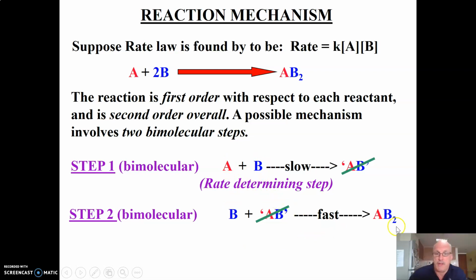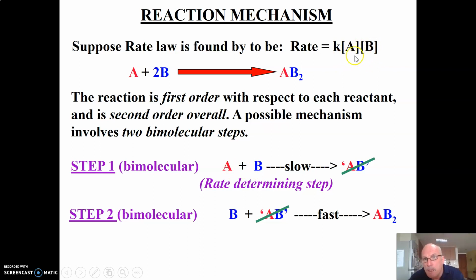You can also see that this is the RDS, which dictates the overall rate. And you can see there's one particle of each. If I double either of them, the reaction rate would be expected to double because there's twice the chance of a collision. And I can get this directly from the rate law.